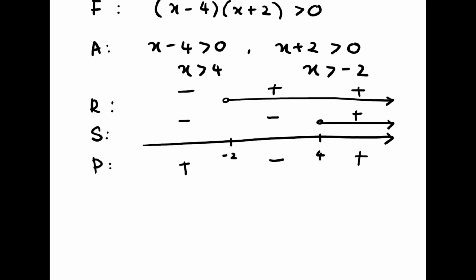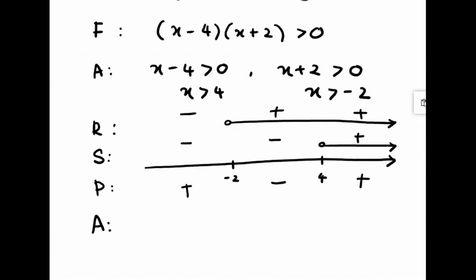Okay, we have FASPA. The last step is A. A stands for the final answer. So now how would you pick your final answer? Okay, so you should look back at your original question, where you have the factor, so that you get greater than 0. So if greater, you need to pick the plus sign as the final answer.